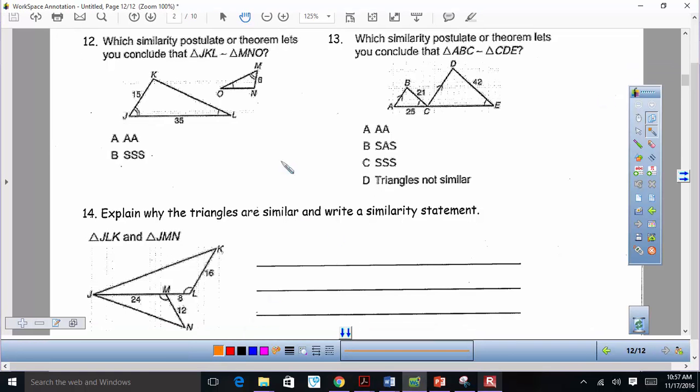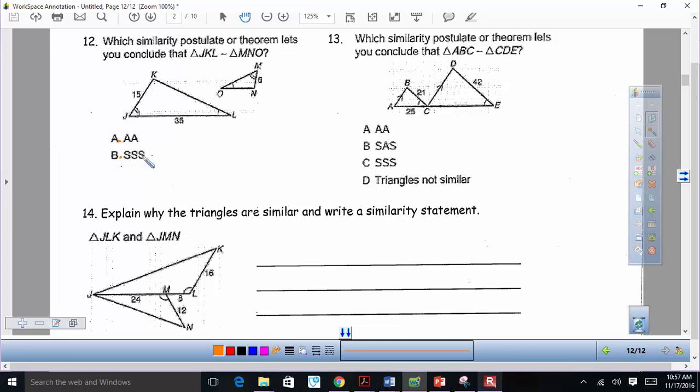So in the first one right here, they want to know which similarity postulate or theorem lets you conclude that triangle JKL is similar to triangle MNO. So our choices are either AAA, not AAA, sorry, AA or SSS.